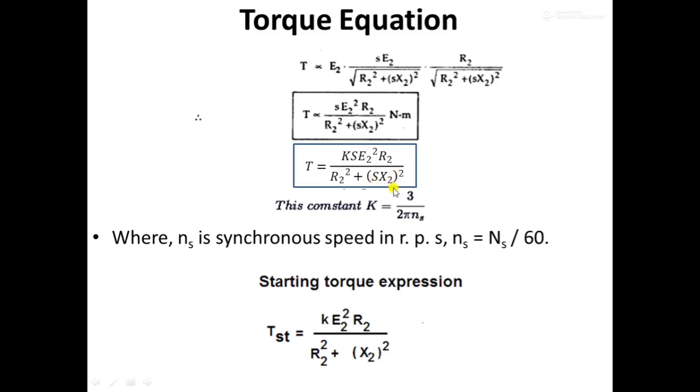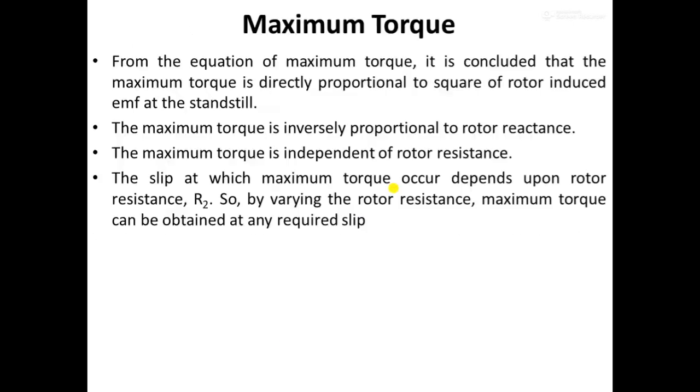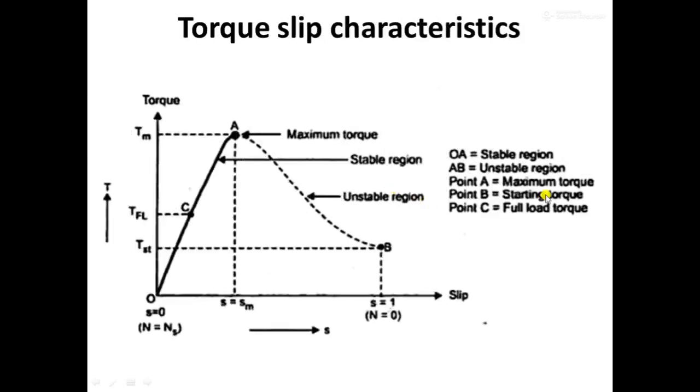So in high slip region we can easily say that torque is inversely proportional to slip, whereas in low slip region torque is directly proportional to slip. Since in high slip region the torque is inversely proportional to slip, the characteristics which we will be obtaining is actually a rectangular hyperbola that we will be able to see here. When the value of slip is increasing in the high slip region, the value of torque keeps on decreasing.